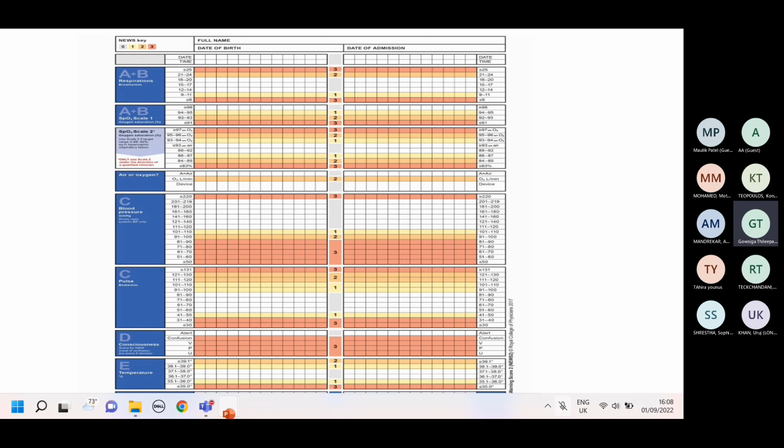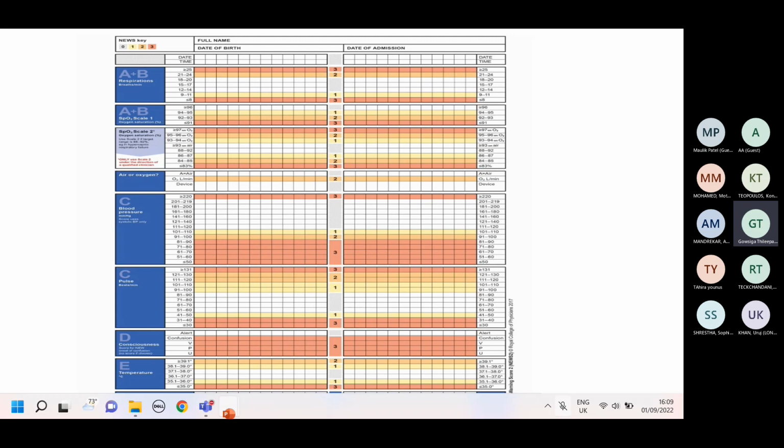If the NEWS score is 0, the patient is stable and should be monitored a minimum of 12 hourly, and the monitoring should be continued in the ward at the bedside.